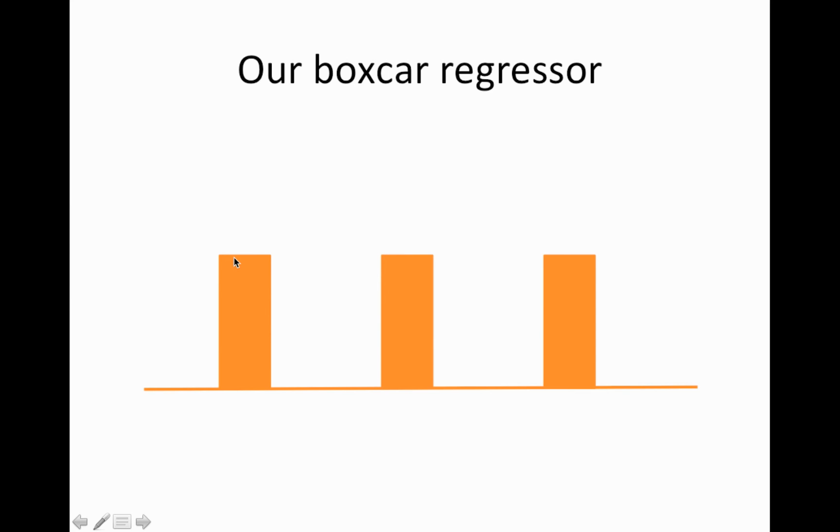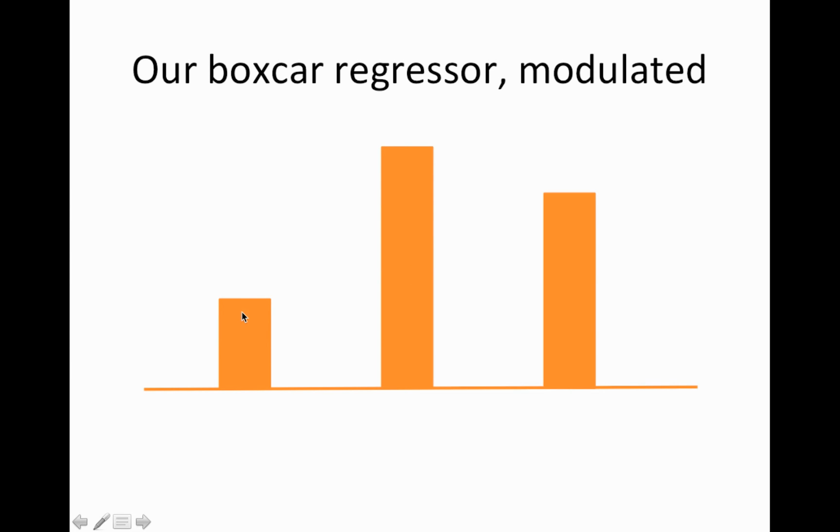An unmodulated regressor assumes that the magnitude of the neuronal response for each trial is exactly the same. But say here they were given very few points, here they were given a lot of points, and here they're given a medium number of points.